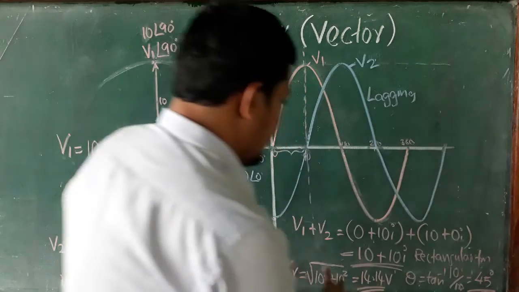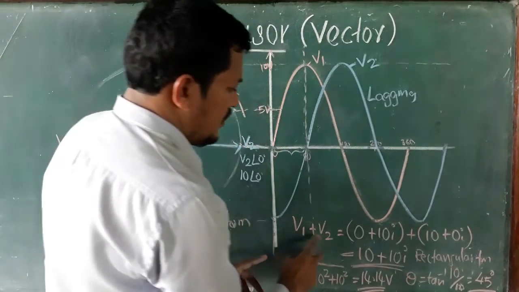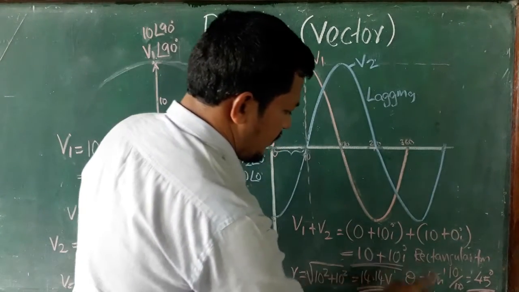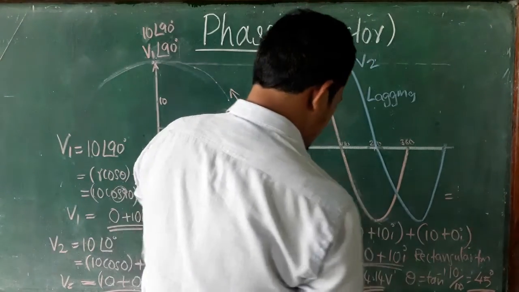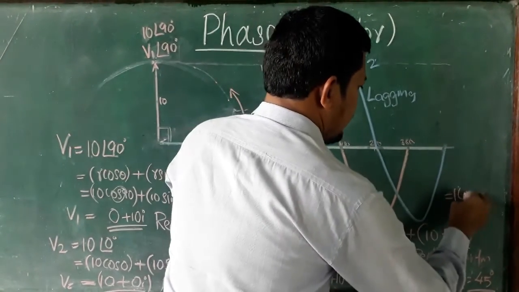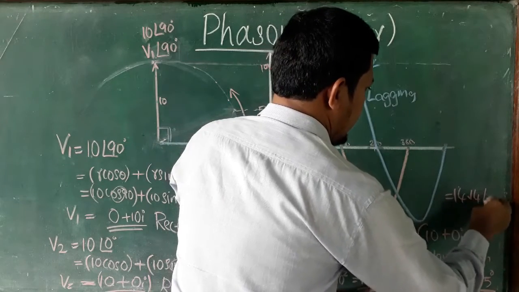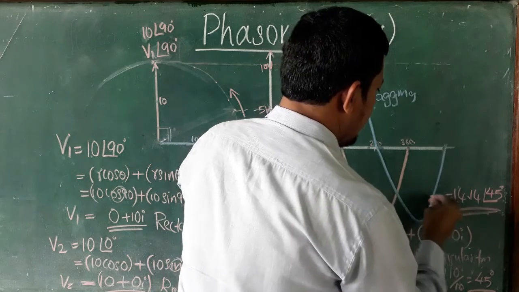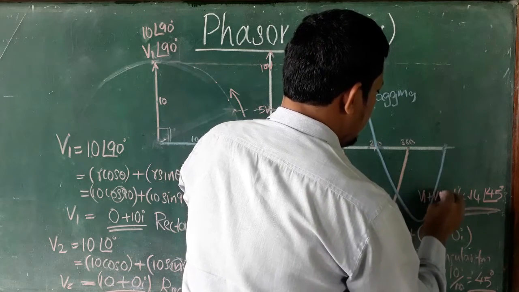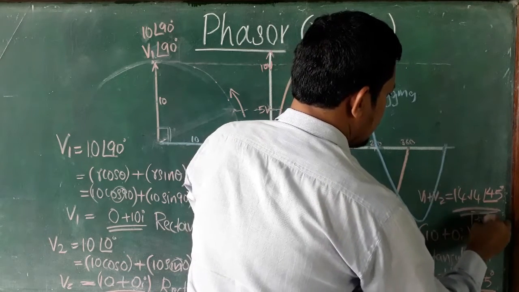So we converted V1 plus V2 from rectangular form to polar form. The answer becomes 14.14 at an angle of 45. Clear. This is V1 plus V2 in polar form.